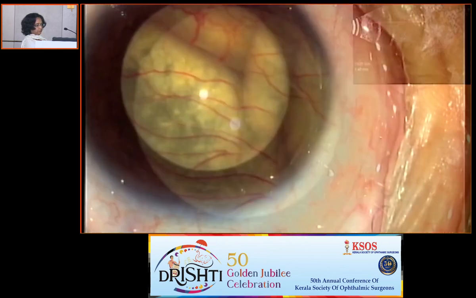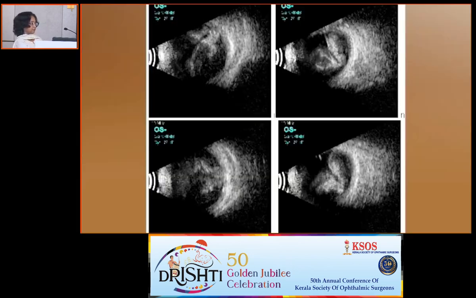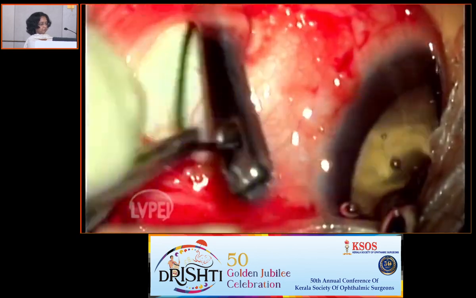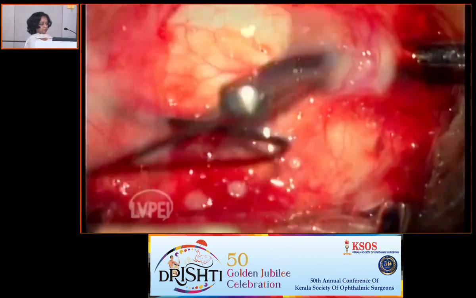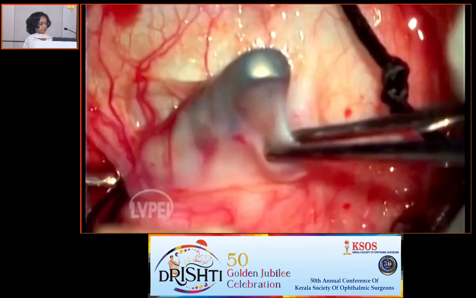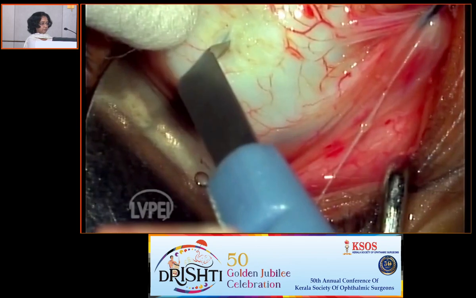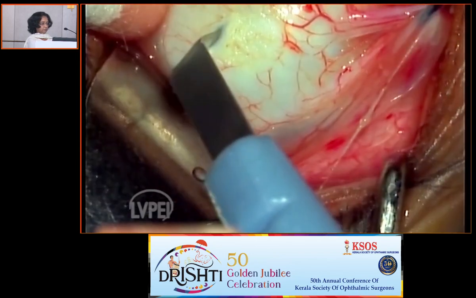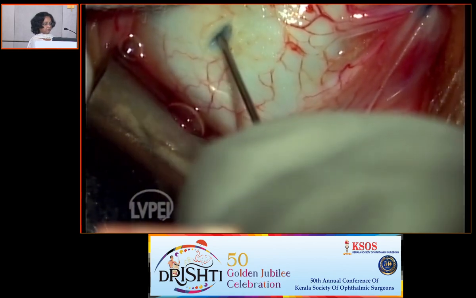This is a case of a boy with stage 3B Coats disease with total retinal detachment. The aim is to drain the exudative fluid externally and to treat the telangiectatic areas.